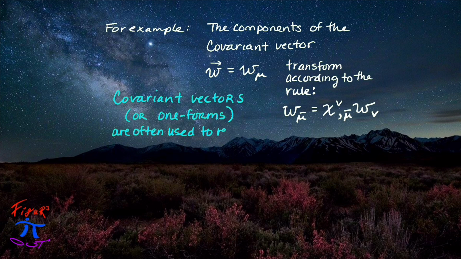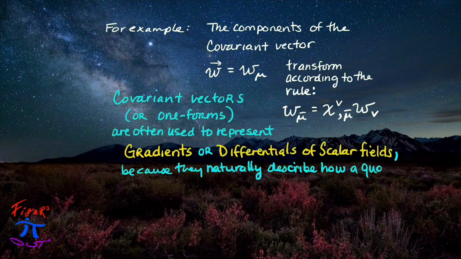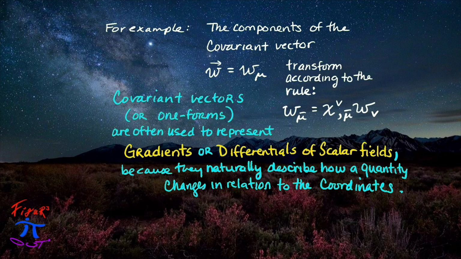Covariant vectors, or one-forms, are often used to represent things like gradients, or differential forms, differentials of scalar fields. And this is because they naturally describe how quantities change in relation to the coordinates.